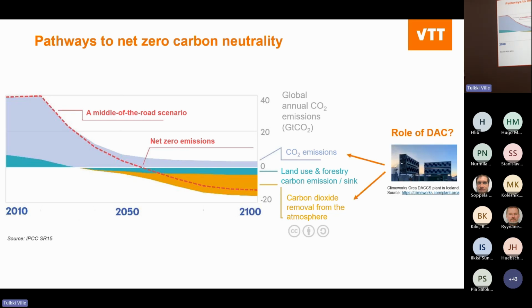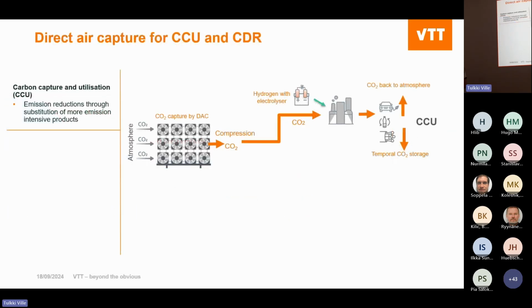And when we talk about direct air capture, it can have a role in both sides of this equation. It can help to reduce the emissions, as we heard earlier already, in some applications, and it can also provide us with carbon dioxide removals. So direct air capture of CO2 literally means capturing CO2 from the atmosphere, from the ambient air.